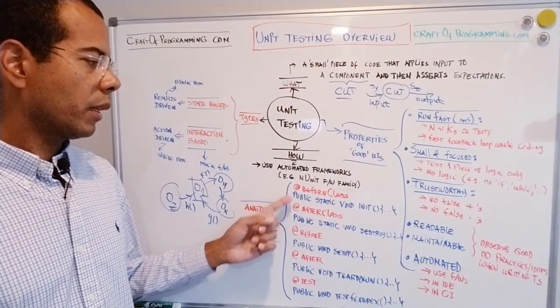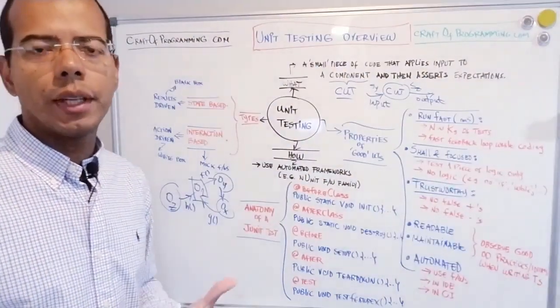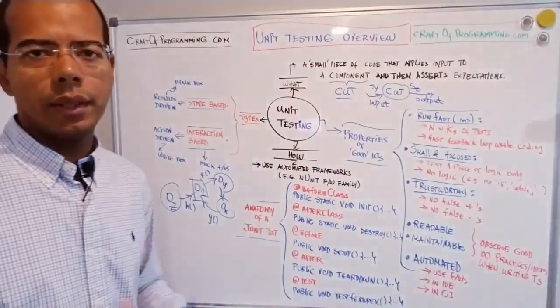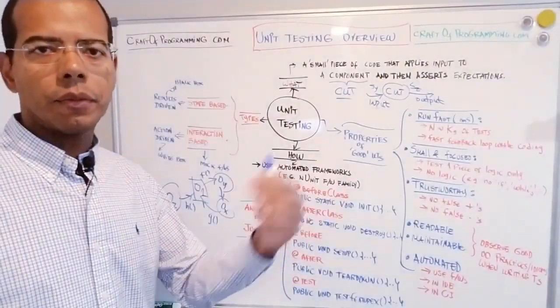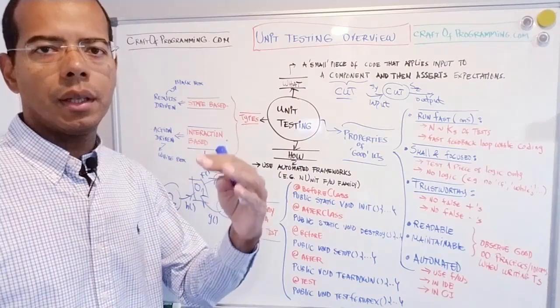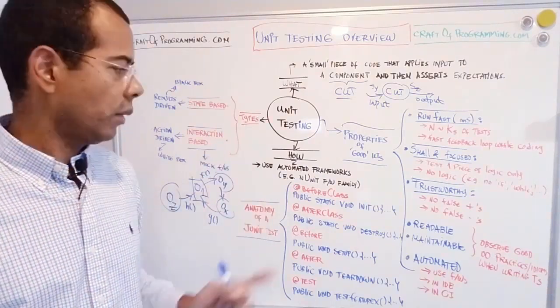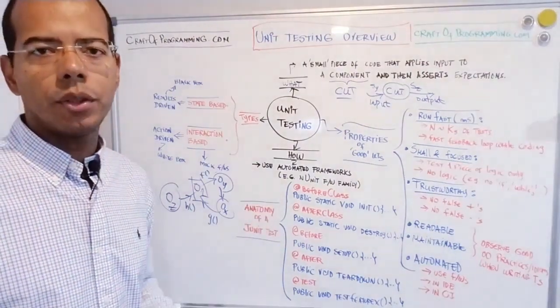So BeforeClass and AfterClass, you would use them to do static initialization of state that you would need before all the tests in a class under test, and for AfterClass, all of the cleanup that you need to do once.